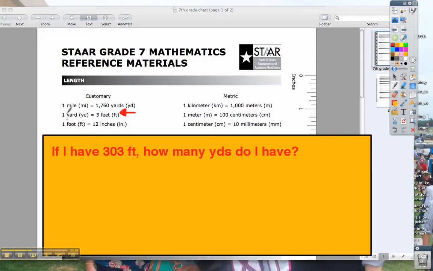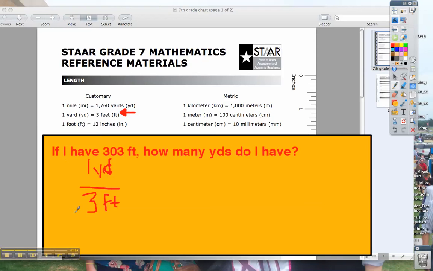So we're going to change this equal sign just into a ratio. I'm going to say for every 1 yard I have 3 feet.